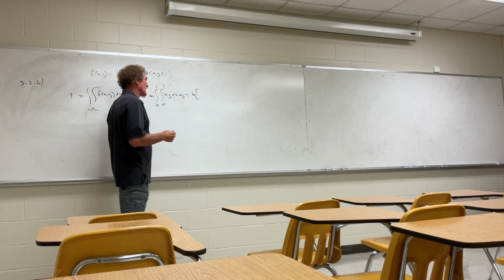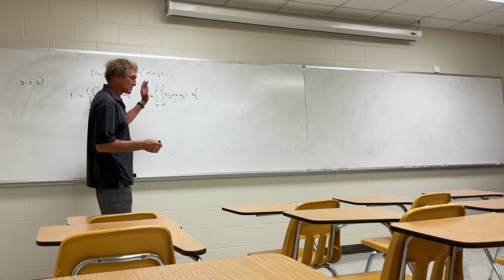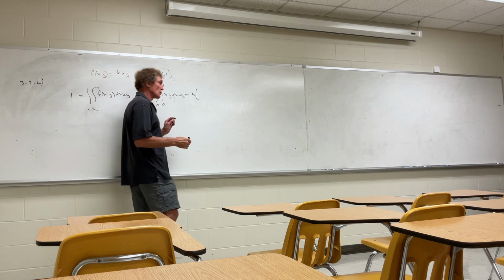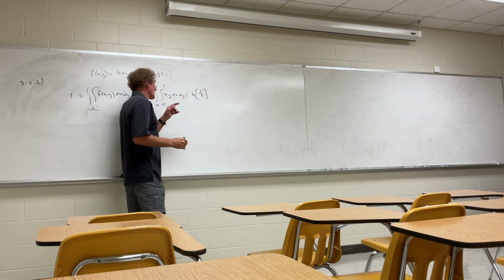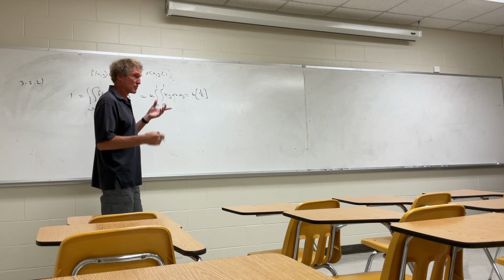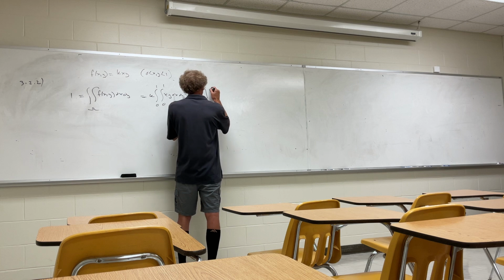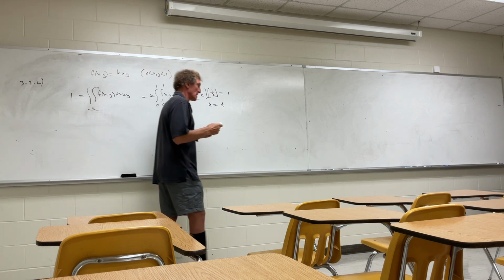Now if I integrate x dx, I get x squared over 2, evaluated from 0 to 1 is just 1/2. And then I integrate y dy, or y squared over 2, from 0 to 1, which is 1/2 again, equal to 1, and that means k is equal to 4.